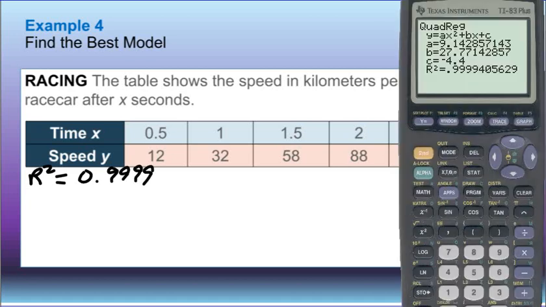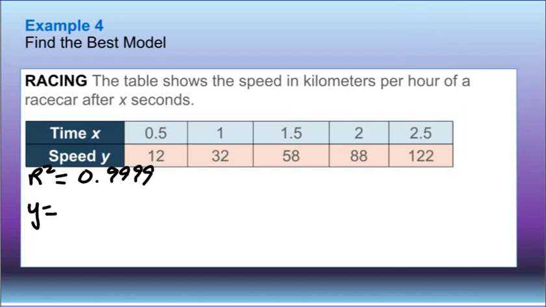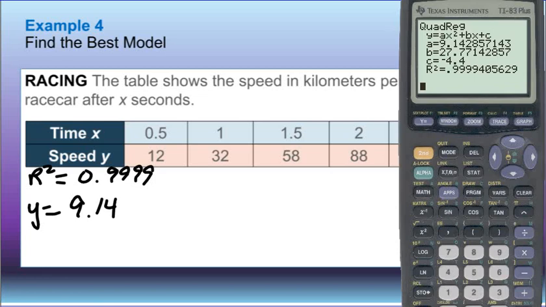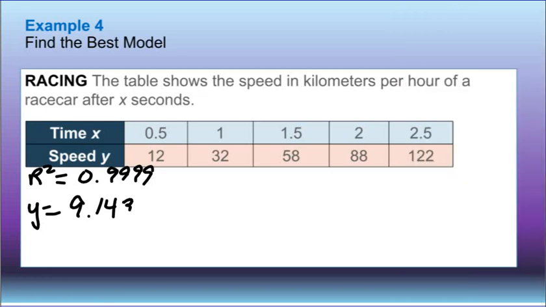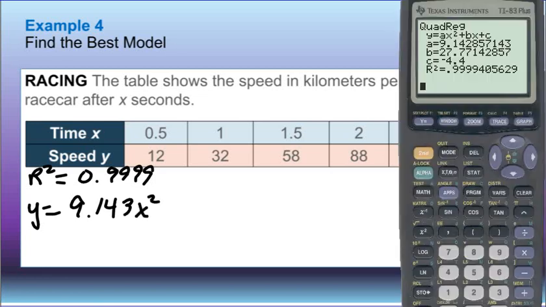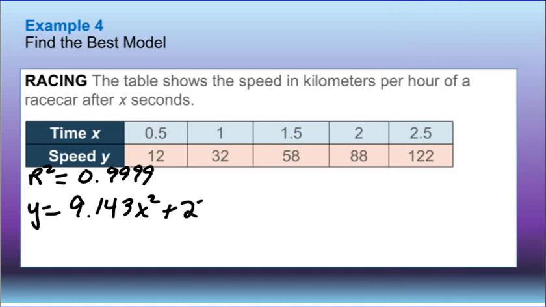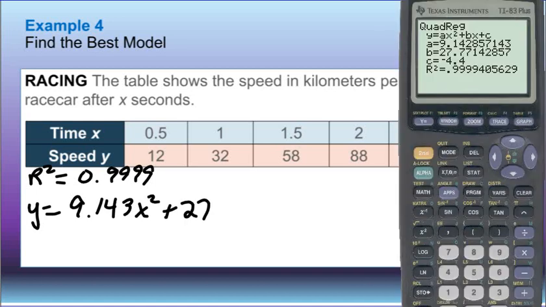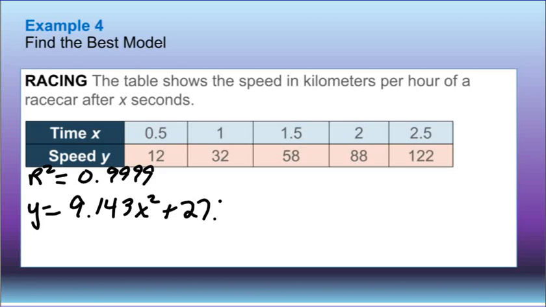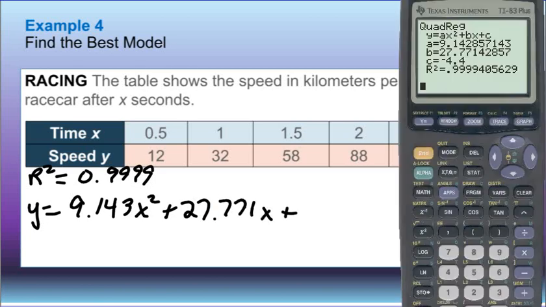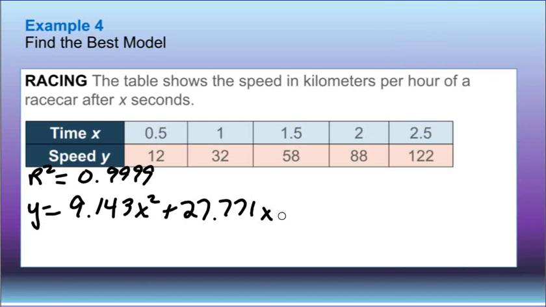So if I rewrite my equation, this would be y equals 9.143 x squared plus 27.771 x plus or minus a 4.4. So that would be if we used the quadratic.